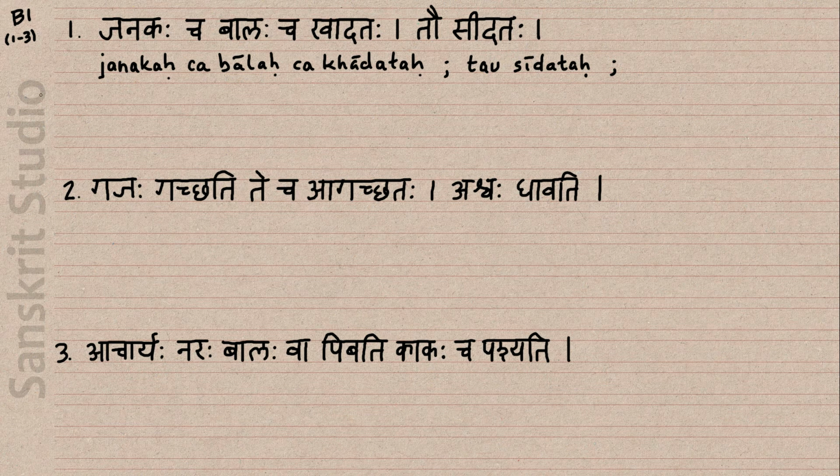Okay, so we are doing our ESWO now, English with Sanskrit word order, and we have Janakaha here, the father, and here comes the cha. Well, we can talk about that in a minute. And we have balaha, the boy. We have another cha, and then we have kadataha.